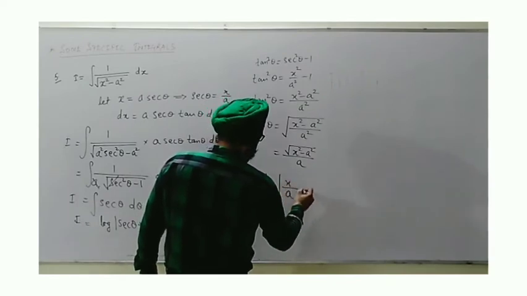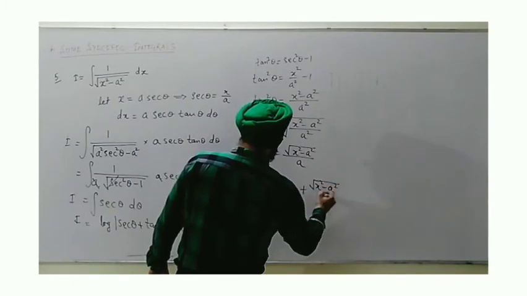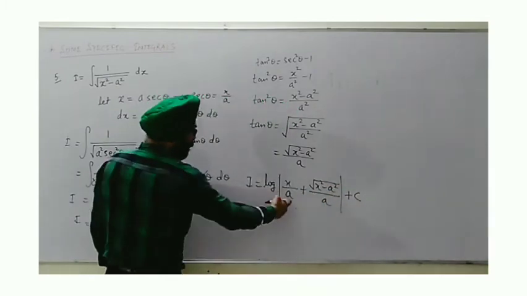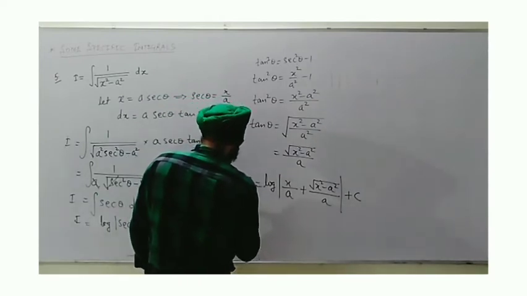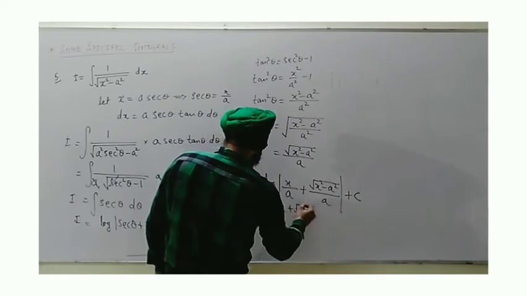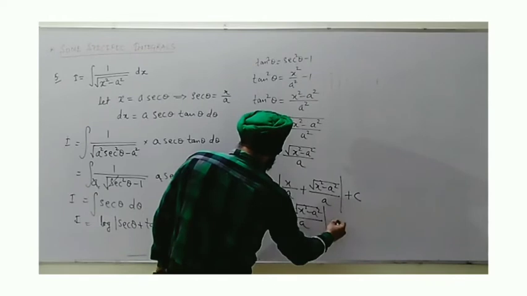Now putting these values in the integral, we have I equal to log of x upon a plus under root x square minus a square upon a, plus c. Taking the LCM here, we find I is equal to log mod x plus root x square minus a square upon a, plus c.